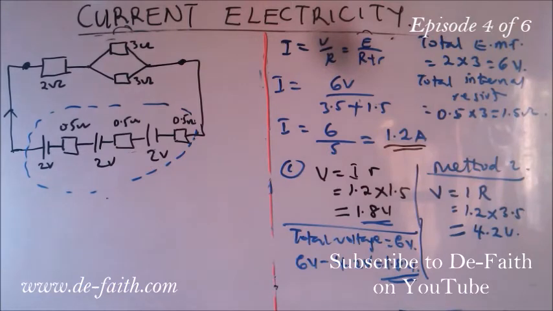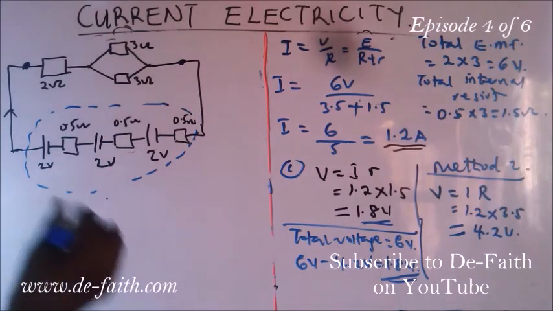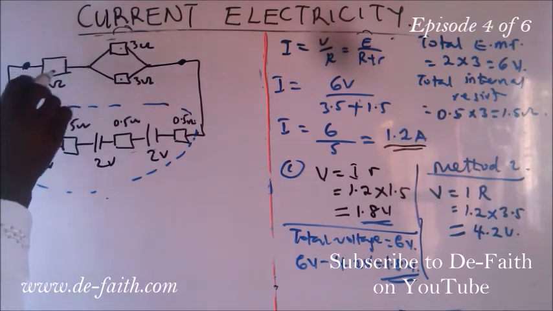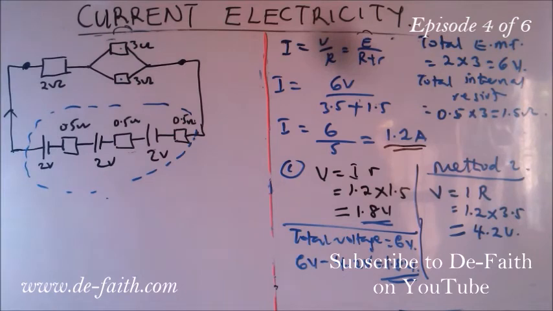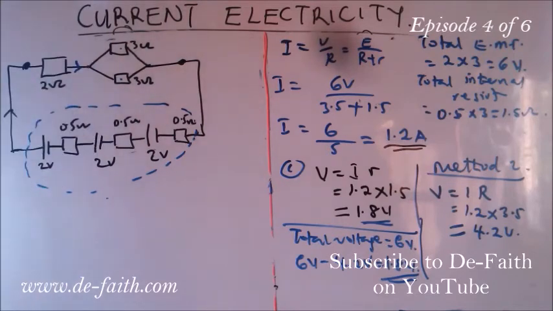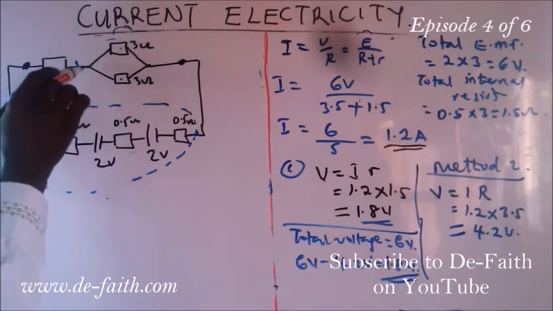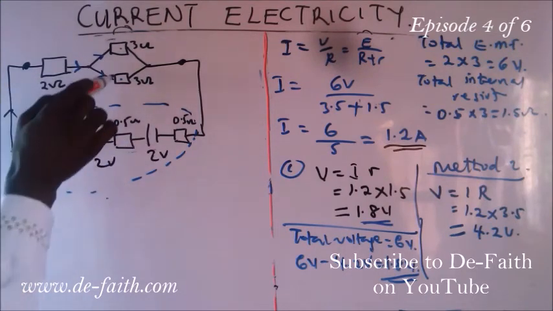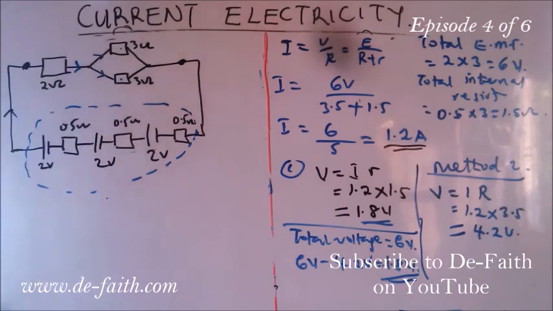And then the last part of the question says that we should calculate the current in one of the 3 ohm resistors. In this 3 ohm resistor, we are asked to calculate the current that is flowing through it. Now we know that the current flowing in the circuit is 1.2 ampere, but whenever the current flows into this place where it diverges, there will be a sharing of the current that will come here and come here based on the resistors that we have here.